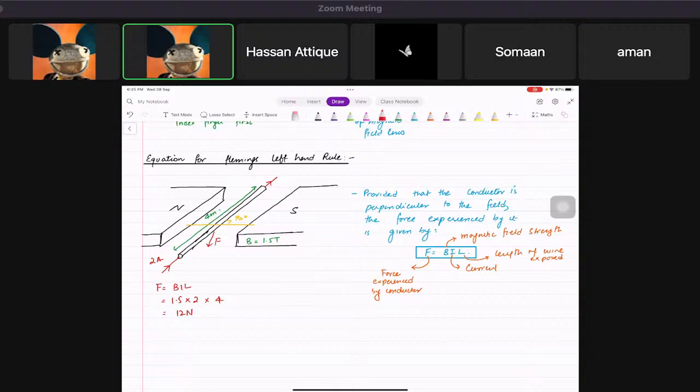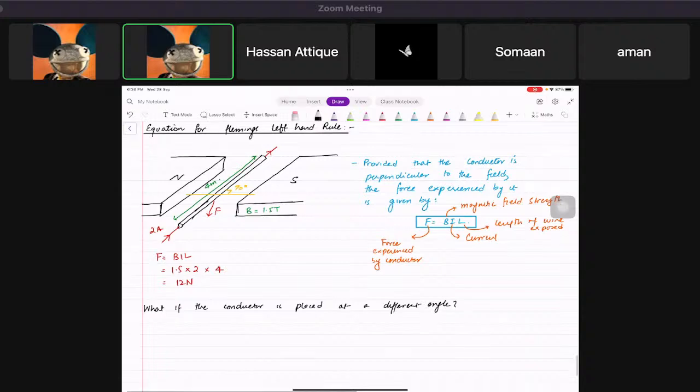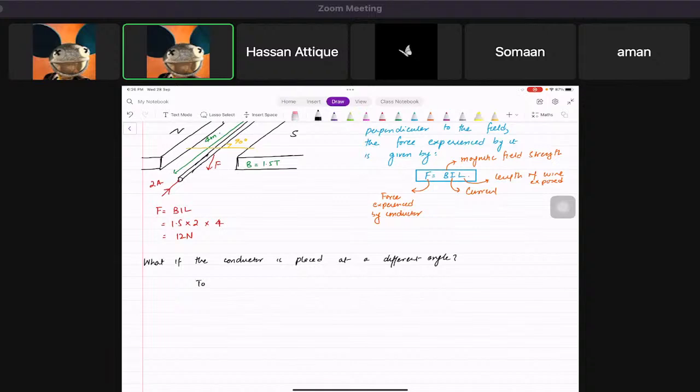Now, the question is then, that's pretty simple. So what if the conductor is placed at a different angle? Okay, so if you're looking at from the top view and you see a magnet, and you see the wire is like this at a certain angle, okay?